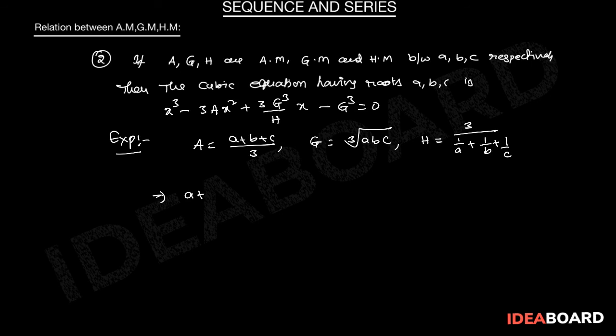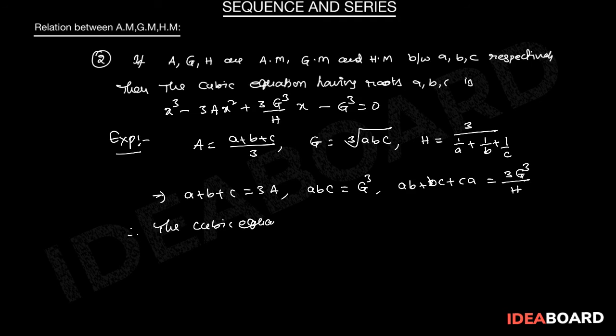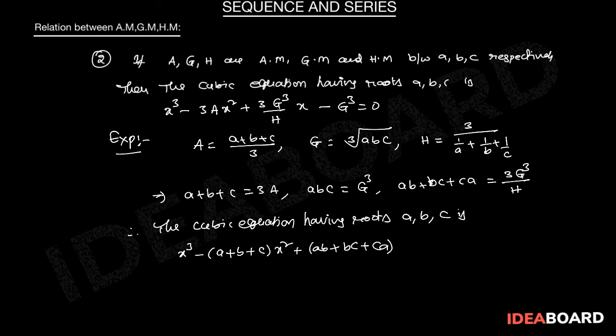That implies a plus b plus c equal to 3A, abc equal to G power 3, ab plus bc plus ca that equal to 3 into G power 3 by H. Therefore, the cubic equation having roots a, b, c is x power 3 minus of a plus b plus c into x square plus ab plus bc plus ca into x minus abc equal to 0.